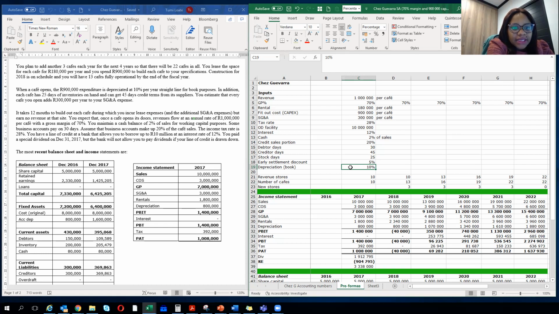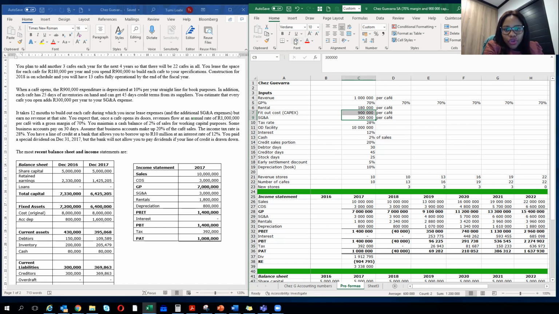It says, in addition, each cafe has 25 days of inventories on hand and can get 45 days credit terms with suppliers. You estimate that every cafe you open adds an additional 300,000 in expenses. So the fit out cost of each cafe will cost us 900,000, and we've also noted the additional 300,000 in SG&A expenses.